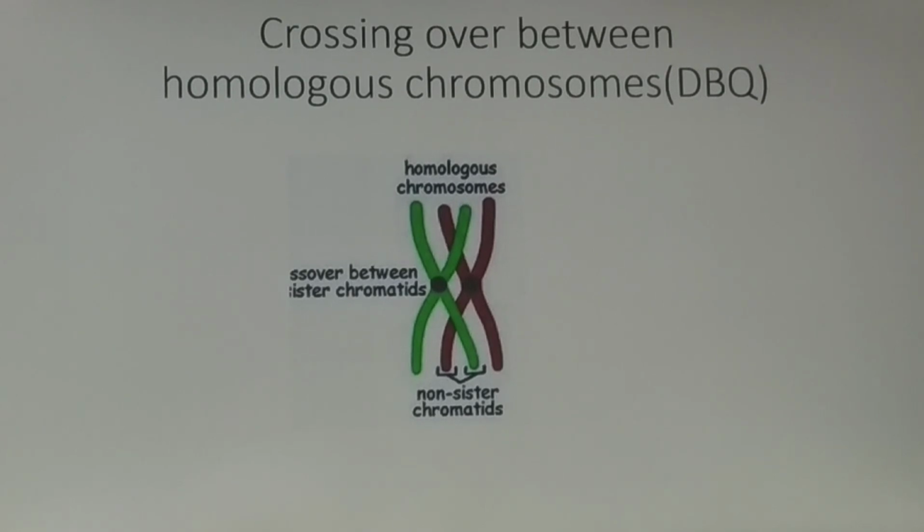The parts to be labeled may be marked 1, 2, 3 or A, B, C, and you have to mark. So sometimes the sister chromatids or non-sister chromatids or the centromere, the chiasma, all these are parts that you can expect for labeling from this diagram.